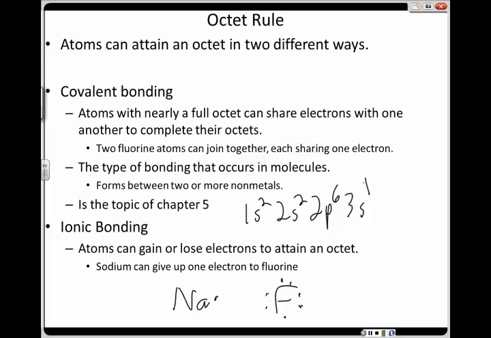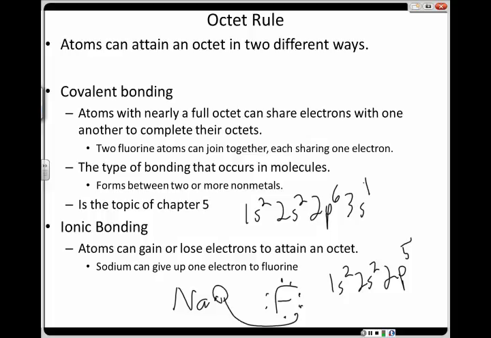However, fluorine's electron configuration looks like this. It's so close to having an octet. It just needs 1 more electron. It has 7. It just wants that 8th one. Well, it just wants to steal this electron straight from sodium.